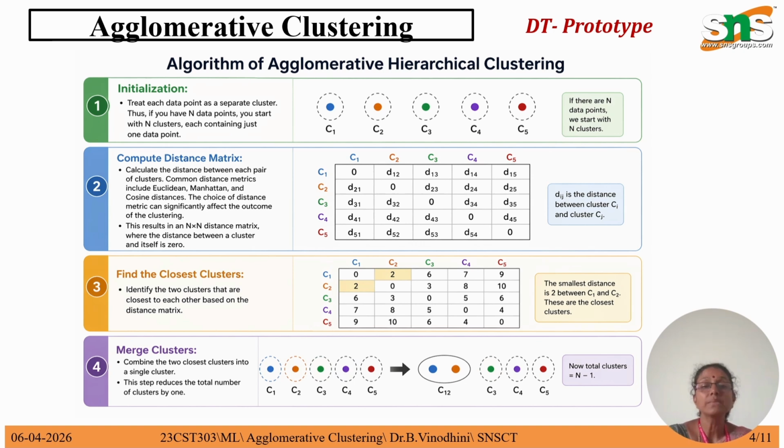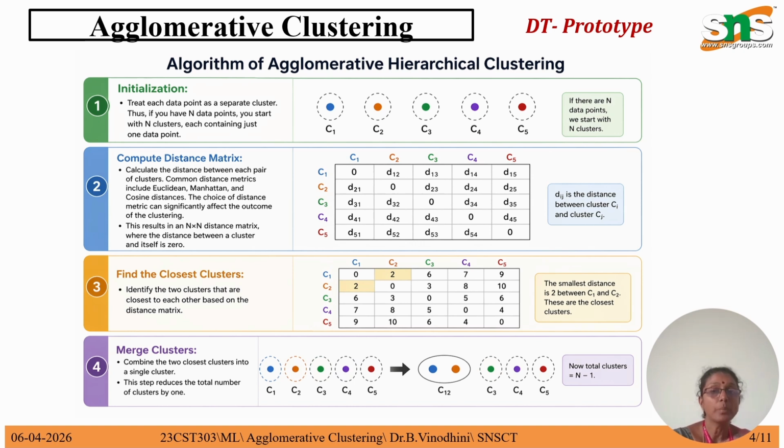The algorithm is: first, initialize each data point as a separate cluster. For example, if you have n data points, we construct an n by n matrix. After constructing the n by n matrix, we compute the distance matrix of each data point. For example, here we have 5 clusters, C1, C2, C3 and so on.